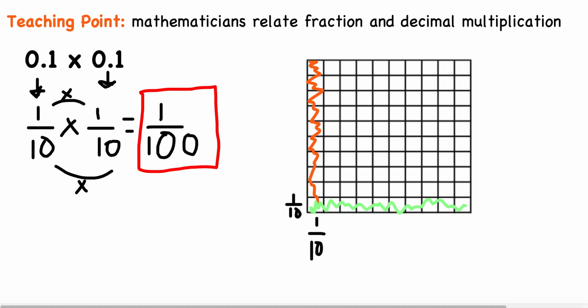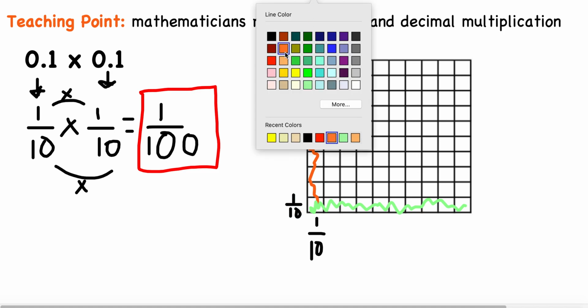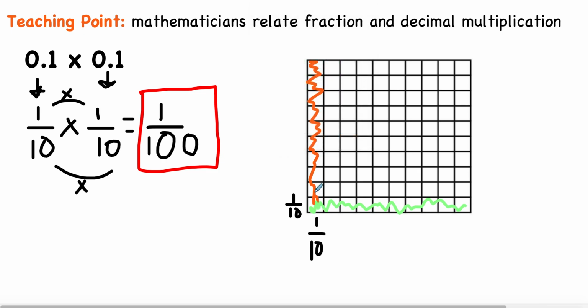I'm going to add the orange a little bit on top so we can see, because we've learned in fraction multiplication that I can draw both fractions on an area model, and my product is going to be the part that's overlapping. So we can see that we have this 1/100th that's overlapping orange and green, and that represents our product.